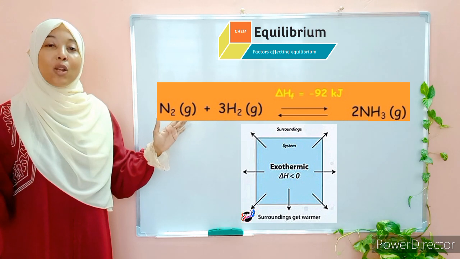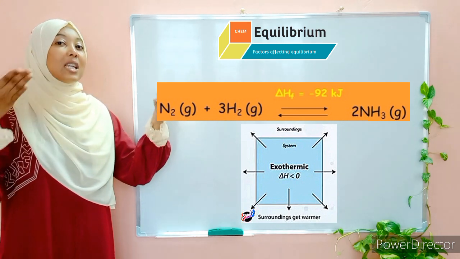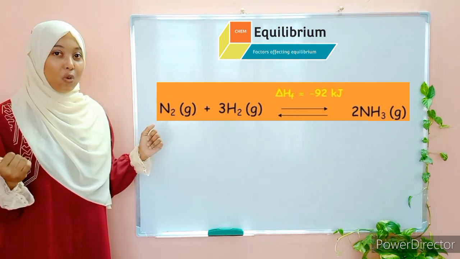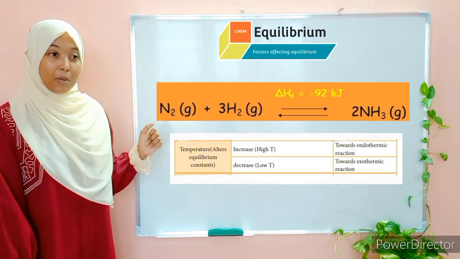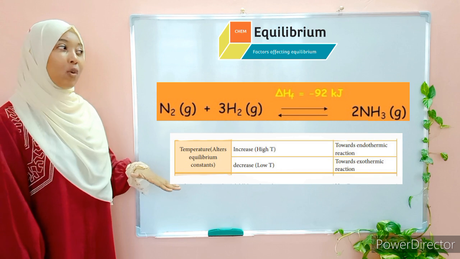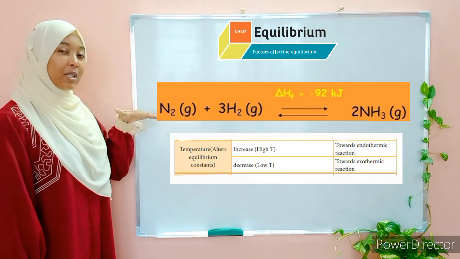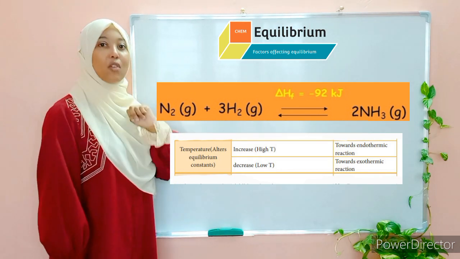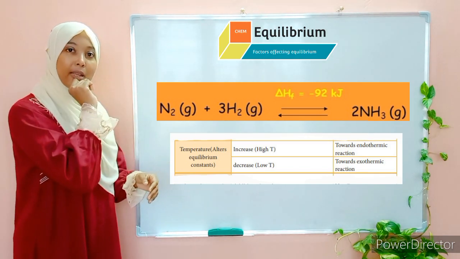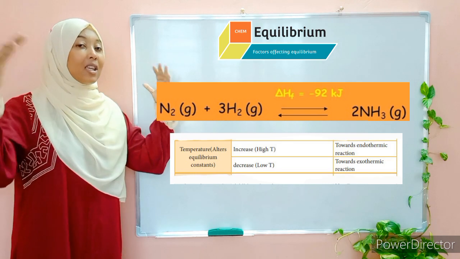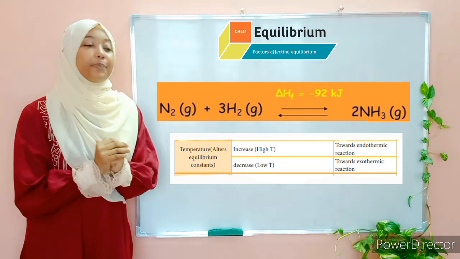And this, of course, will cause the system to have an increase in heat energy. So I repeat, you decrease the temperature, the system will favor the reaction that will increase the temperature, and that is the exothermic reaction. So you're going to have the forward reaction taking place, which will result in a higher yield of ammonia being formed.